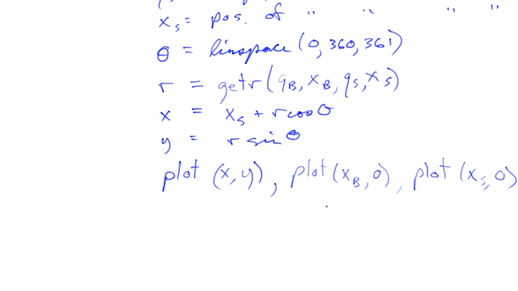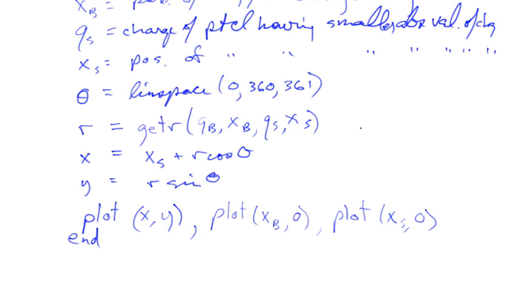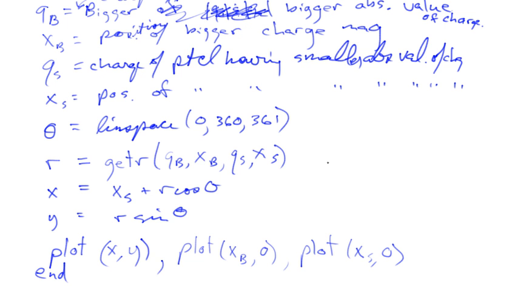So that would be the end of this function. And I don't know if I wrote end on the other one. Don't really have to for an outline, but looks like I did. So here's the outline of the second function starting right there. So I'm going to call that a wrap for video number 1 for this project, but keep in mind sometimes when I'm doing the programming I find that some mistake in this part of it.